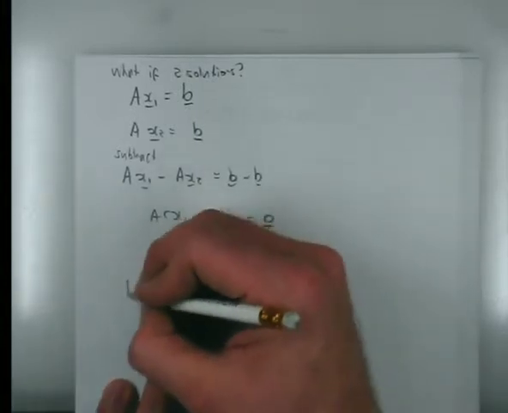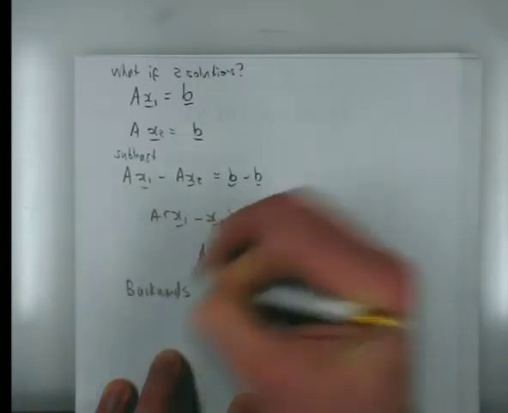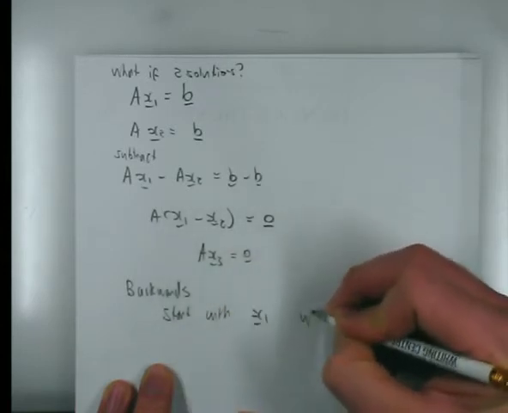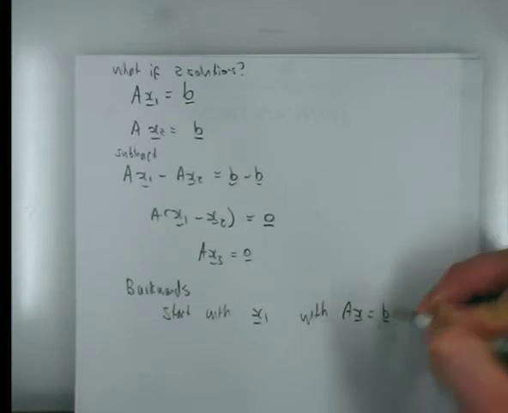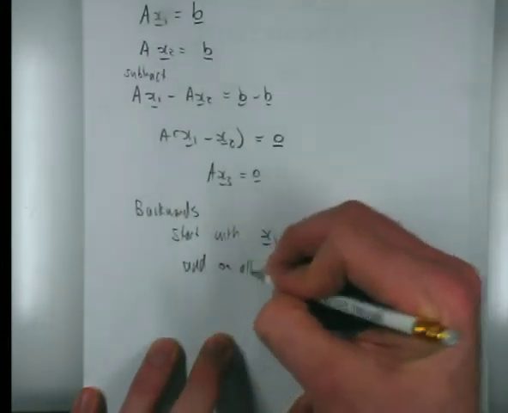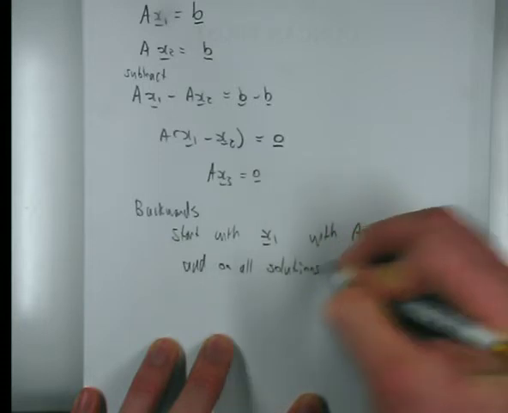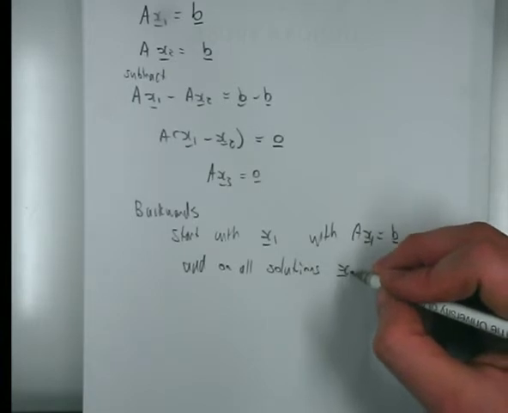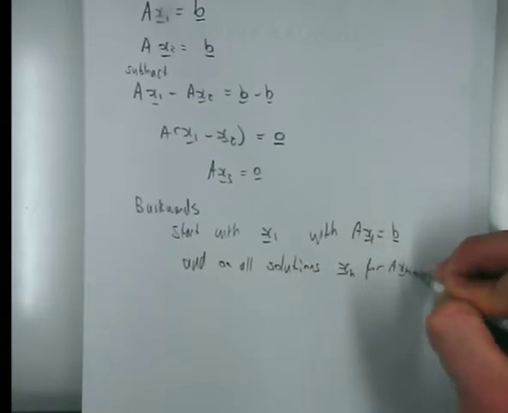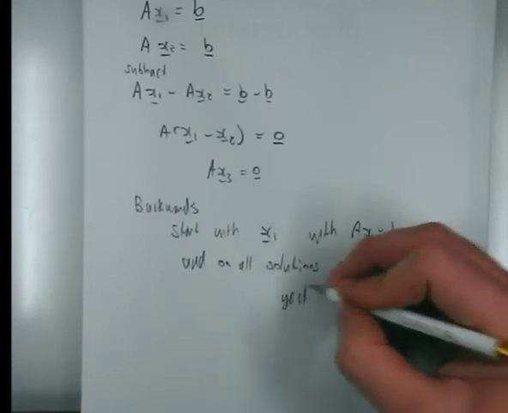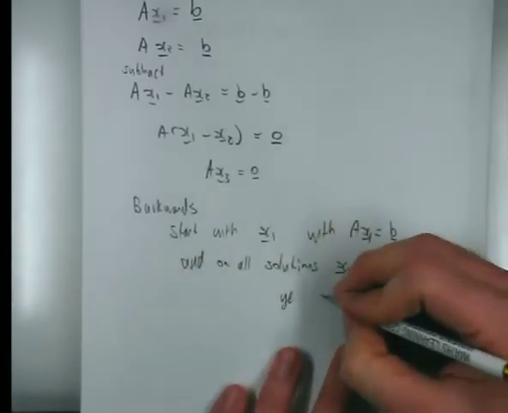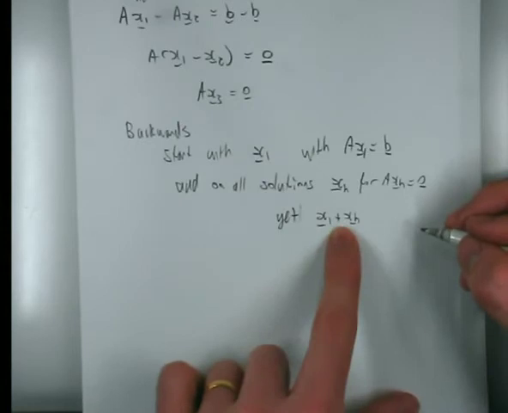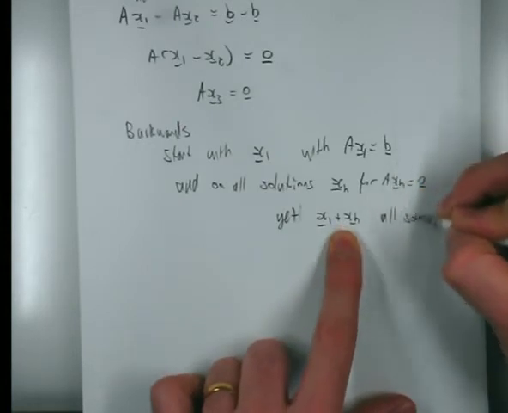So, backwards, start with x1 with Ax equals b, add on all solutions h, and you'll get all the possible things for that, and that's all the solutions.